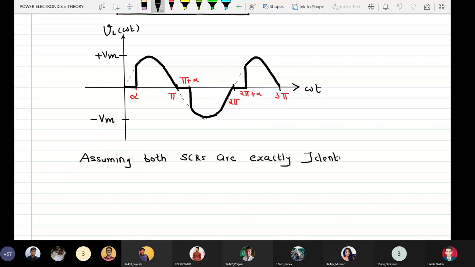Now understand, students, that this particular portion during positive half cycle is because of SCR T1, and this particular pulse is because of T2. So if T1 and T2 are identical, then the area from alpha to pi is exactly equal to the area from pi plus alpha to 2 pi.